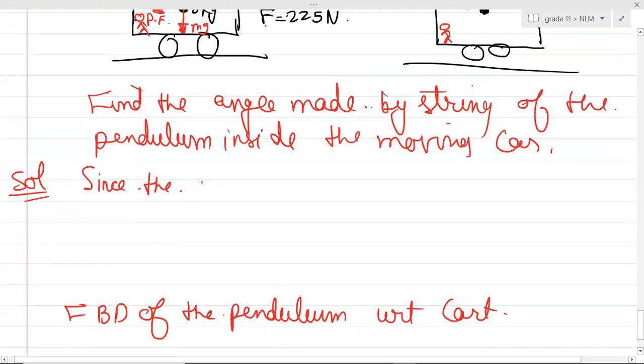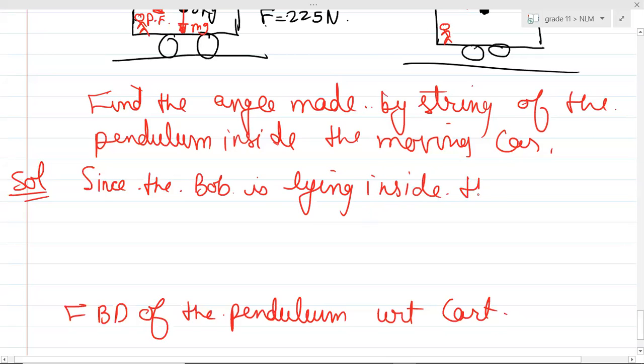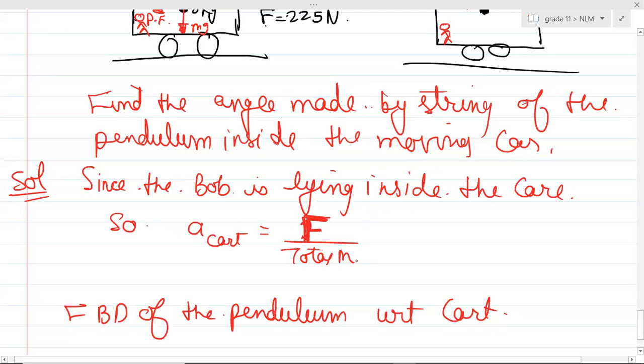Since the bob is lying inside the car, the acceleration of the car will be equal to the force upon the total mass.